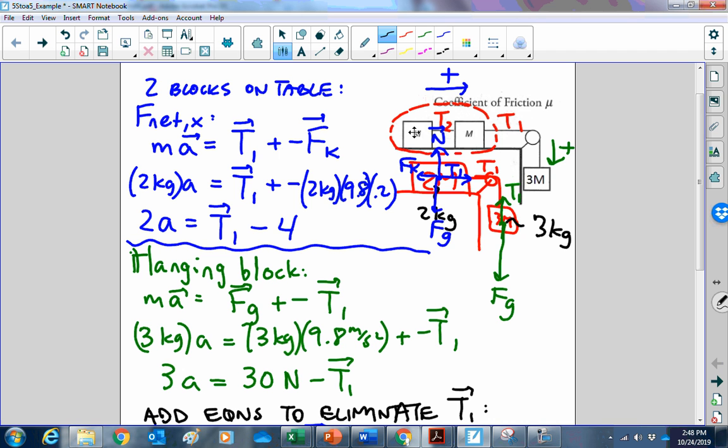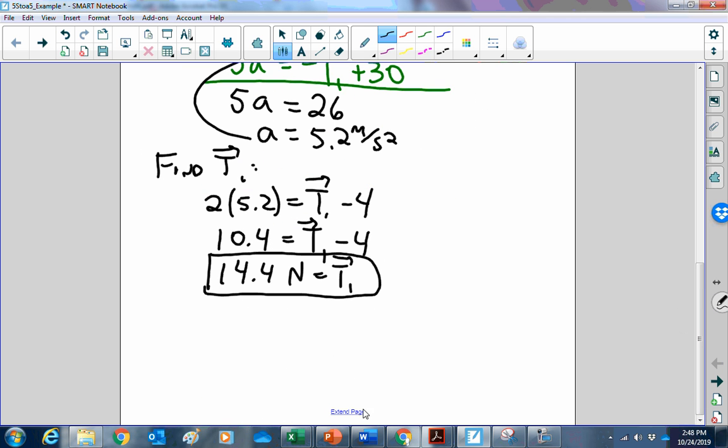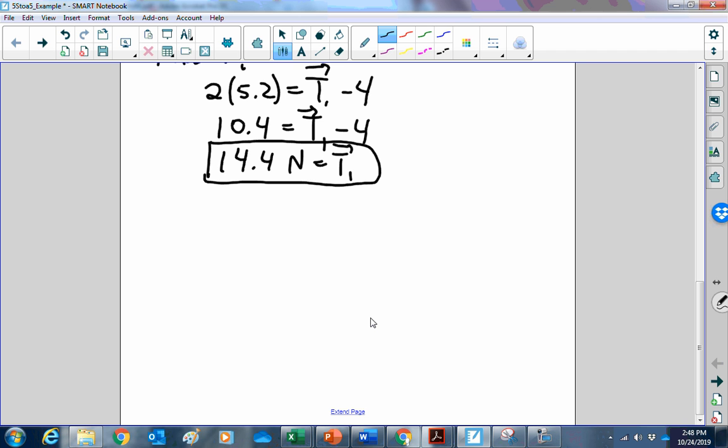Whereas this block has only 2 forces on it, T2 and friction. I like 2 forces better than drawing 3 forces. So if I'm drawing that last block, it's got T2 and then it's got FK in the x direction that I care about. Of course, it's got these as well.